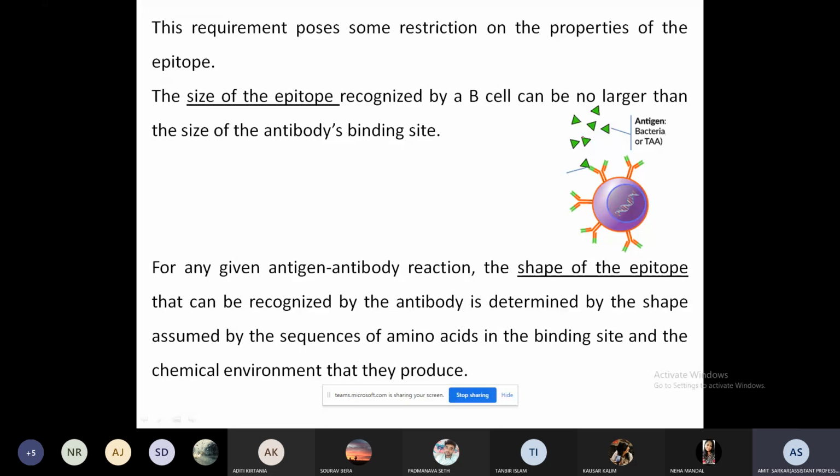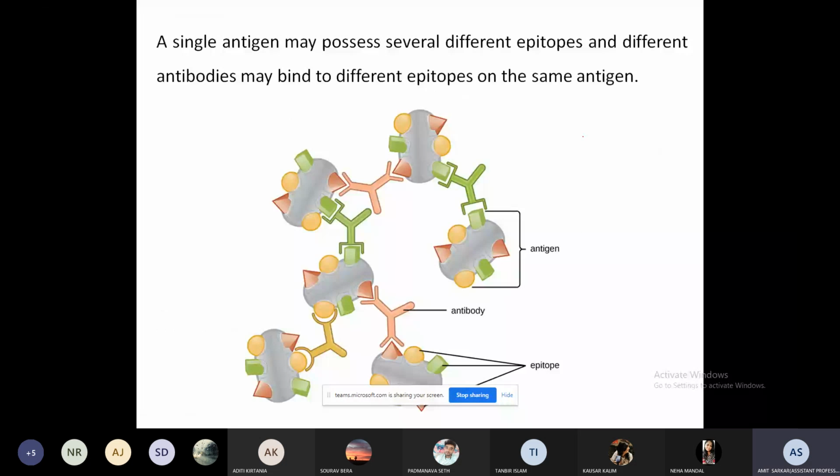Once again, if you look at this picture, how is the shape being determined, how does it become rectangular, triangular or round? That shape, not size, is determined by the amino acid sequence.